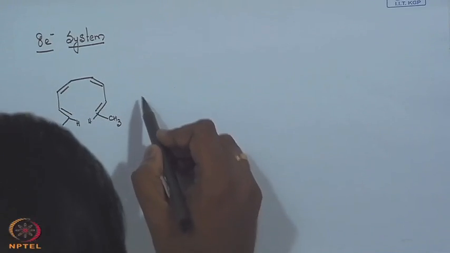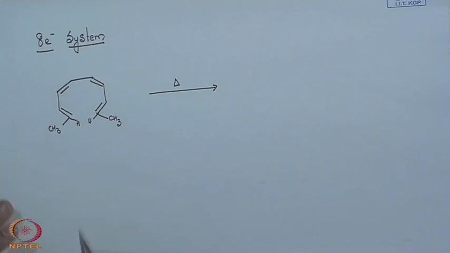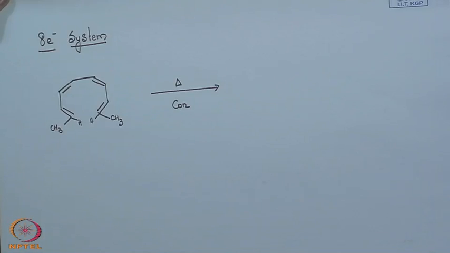So, what happens if I take this and heat? So, what system is this? This is an 8 electron system, okay. In what system is it based on Woodward Hoffmann, whether it is 4n or 4n plus 2? Yes, it is a 4n system. So, you know 4n system on heating gives you what? What mode of rotation can you expect? Yes, con. So, it is a con rotation.